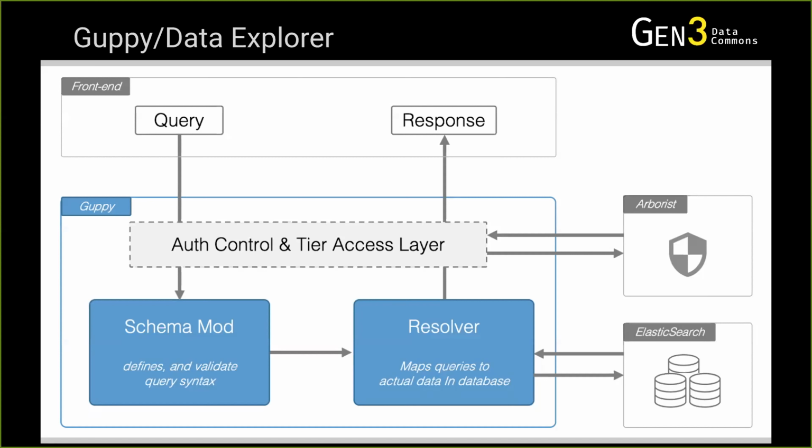The other important thing that happens within Guppy, and Guppy is kind of what powers that exploration page that you saw, where you can click on facets and dynamically filter results. One of the most important things that it does is the actual auth control. So it uses Arborist on the back end as kind of this middleware to filter out data that the user should not be able to see, that they're not authorized to see.